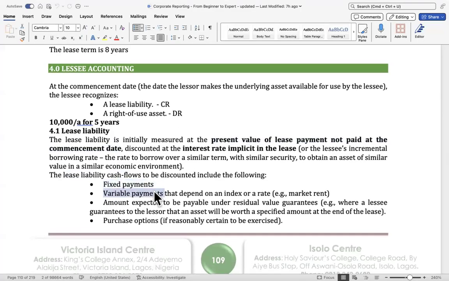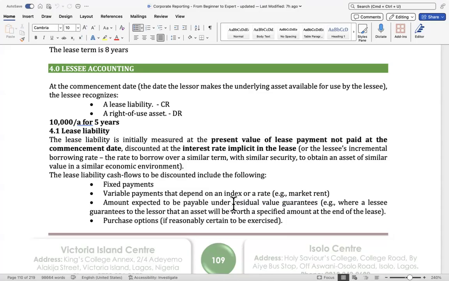I mean, if the lease rentals would vary, they will have factored the variation as part of the lease payment as well. And also, I told you if there is any residual value guarantee, that will have also been factored in. And I told you that residual value is just the scrap value of an asset, the value of an asset at the end of its useful life.